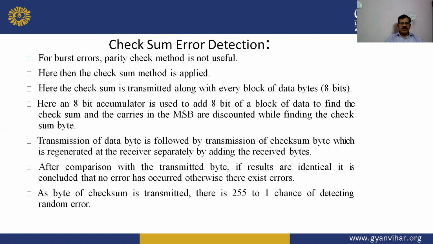An 8-bit accumulator is used to add the 8 bits of a block of data to find the checksum, and the carries in the MSB are discounted while finding the checksum byte.